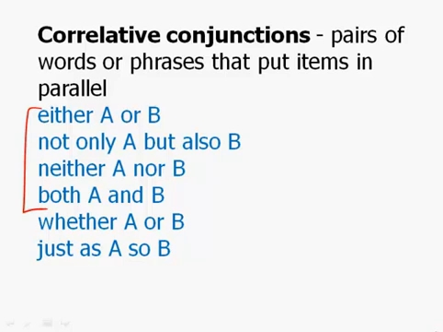In other words, you can use these to link 2 nouns, 2 verbs, 2 adjectives, 2 adverbs, basically 2 of anything, as long as they're the same thing. These last 2 are really used only for clauses. Now, these are particularly important to recognize because these are markers for parallelism. If you see these in the sentence, you know that there's going to be parallelism going on. We're going to talk about that much later in the module on parallelism.